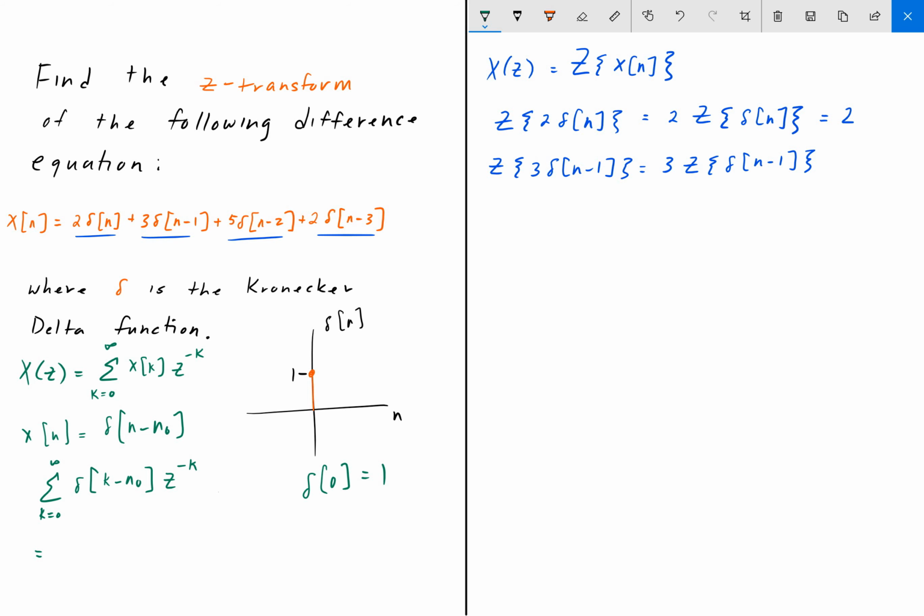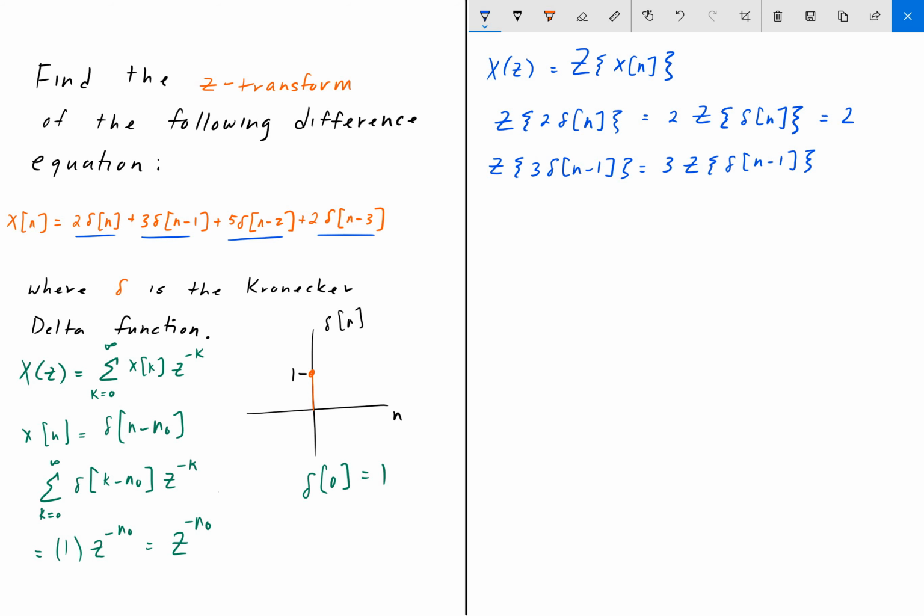So when k is equal to n0, whatever n0 may be, the delta function takes a value of 1, and then we get the following. It'd be 1 times z to the minus n0, which is z to the power of negative n0. And so that is the z-transform of any delta function shifted by n0.